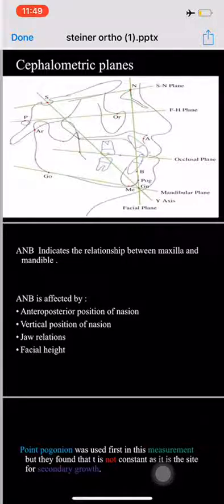All these planes are conducted in order to give an idea about the relationship of the maxilla and the mandible to each other, يعني علاقة الmaxilla والmandible لبعضها، and also the relationship of the maxilla and mandible to the cranial base، على اعتبار الكرانيال بيس هي reference line مثل الفرانكفورت والاس ان اي لاين انجل اند والمانديبولار بلين والماكسيلاري بلين والاكلوزال بلين هي بلين متغيره او هي البوينت اوف اور انترست.